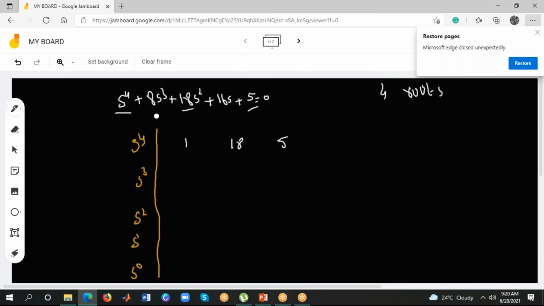So I can write 8 ones are 8, 2s are 16. So there is no further term, right? So 0. So you need to check: we have 1, 2, 3, 4, 5 terms, and the remaining are 0. Okay. Now we need to find the s square row. So what is the row we can get for s square?